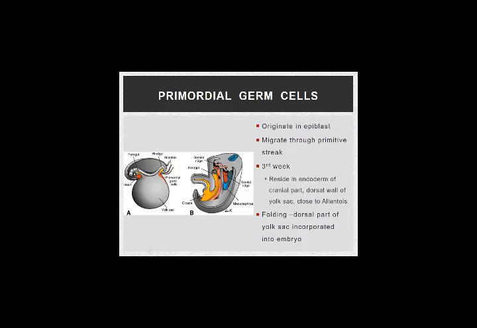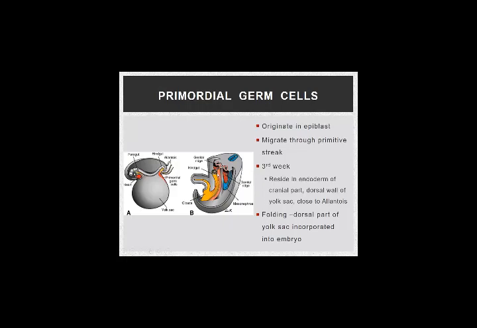Okay, so they come to lie around the hindgut. From there, they pass into the dorsal mesentery. This is the mesentery of the hindgut. So they pass into the mesentery of the hindgut and then come to lie in the gonadal ridges. These here in red are the gonadal ridges.